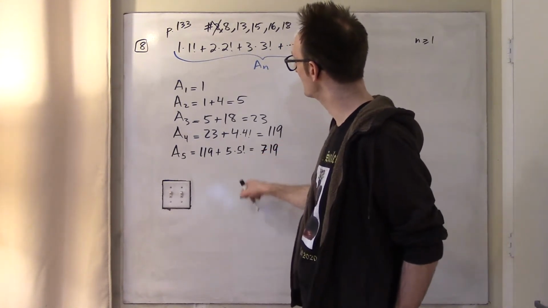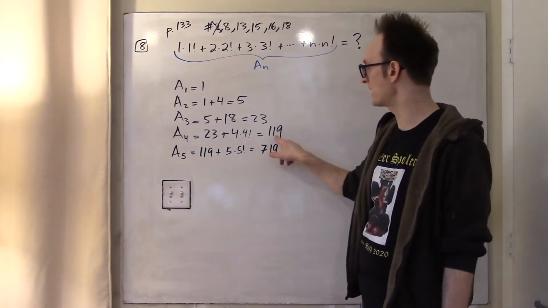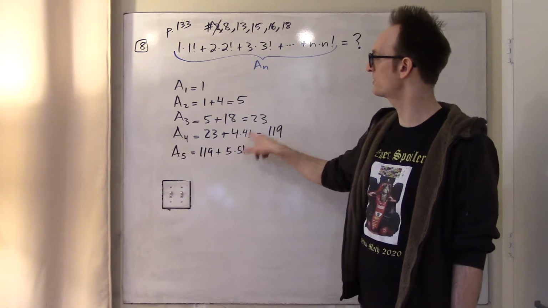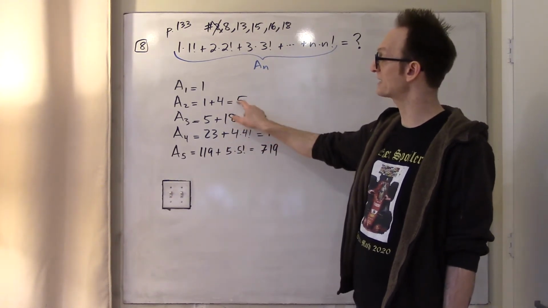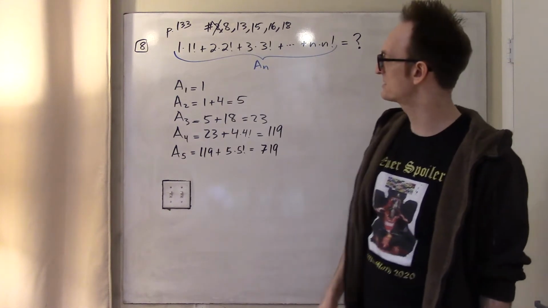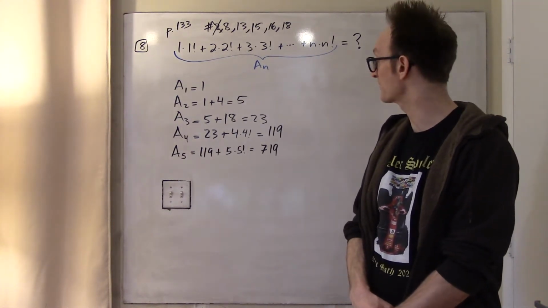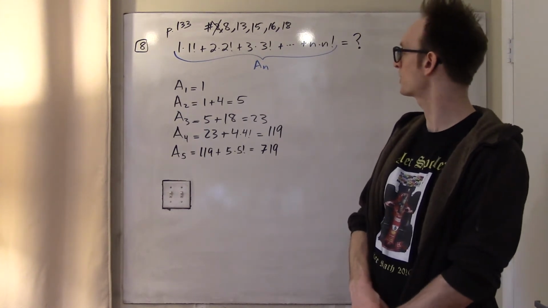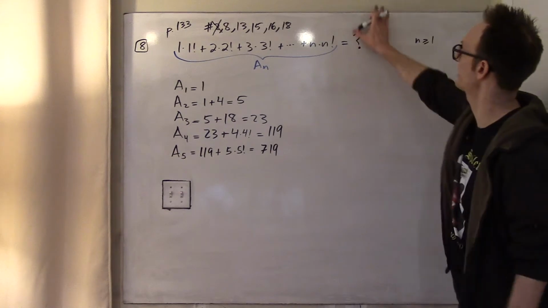Wait, I think I see what's going on here. 5 factorial is 120. Whoops. 4 factorial is 24. 3 factorial is 6. And so it seems that these numbers are each 1 less than the next number factorial or something like that. Yeah. So I think I'm ready to give my conjecture.